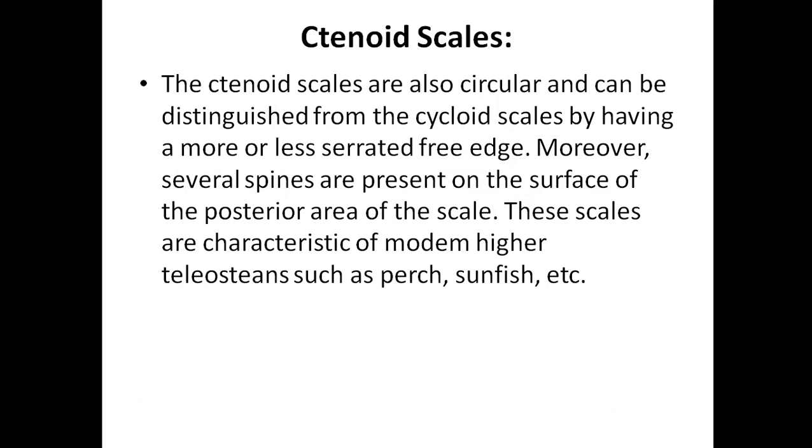You can differentiate ctenoid scales from cycloid scales because ctenoid scales have less serrated free edges. More than that, there are several spines present on the surface of the posterior area of the scale.